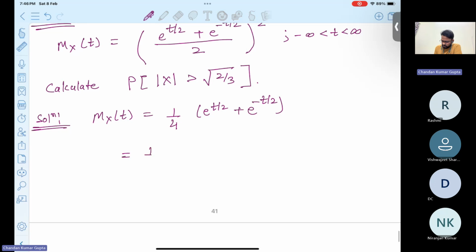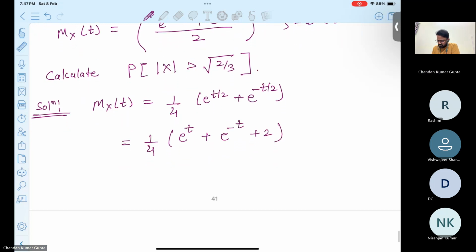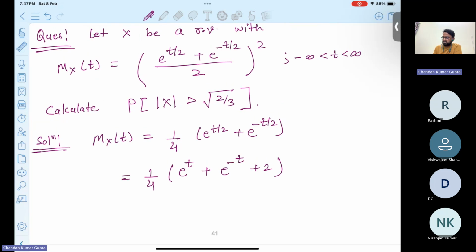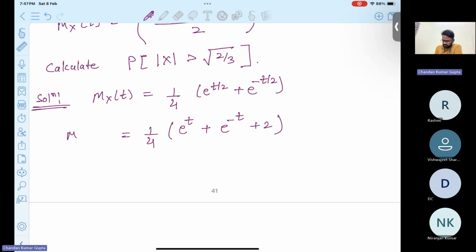So 1 by 4, a square: e to the power t, plus e to the power minus t, plus 2. Okay, I think it's right. Our final expression will be 1 by 4 (e^t + e^(-t) + 2).